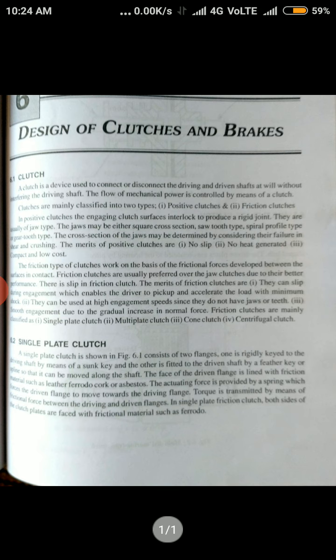So what you need to understand here is that the driving shaft always rotates at a constant speed. The driven shaft has multiple gears with different sizes. The smaller gear will have a larger speed as per the speed ratio, and the larger gears will have a smaller speed. In the design of clutches we have different types of clutches, but for our syllabus we are going to study only the friction type of clutch.